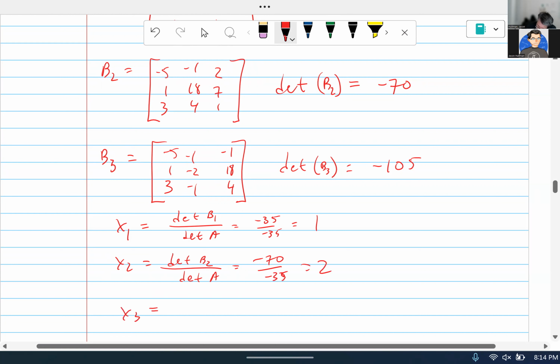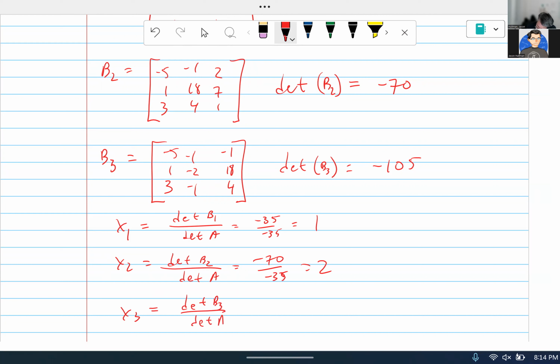And x3 is the determinant of B3 over the determinant of A, which is -105 over -35, and it's 3. So my solution is 1, 2, 3.